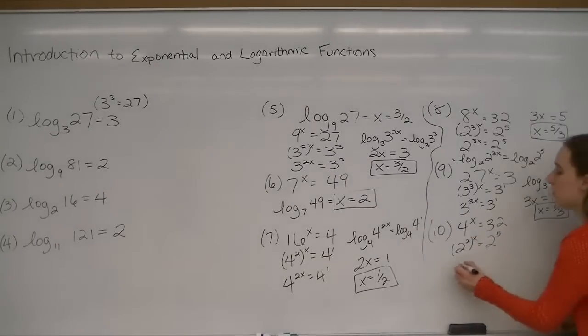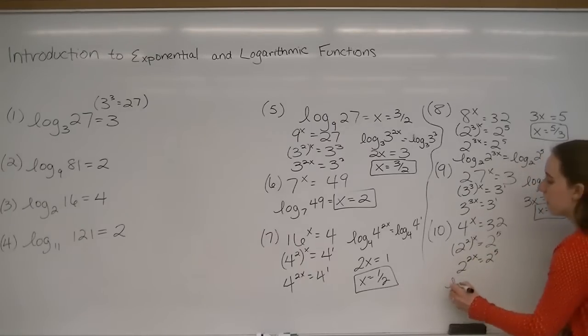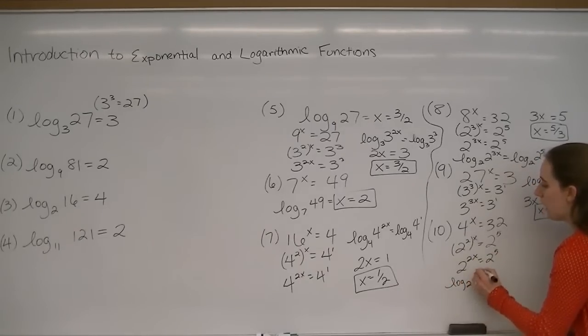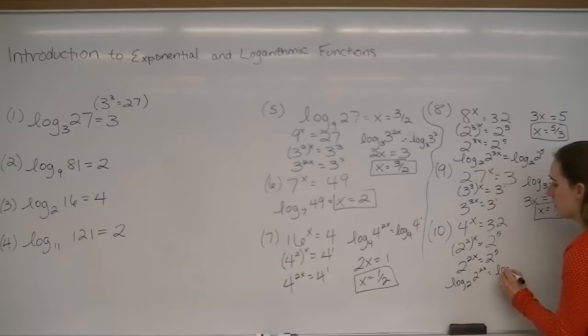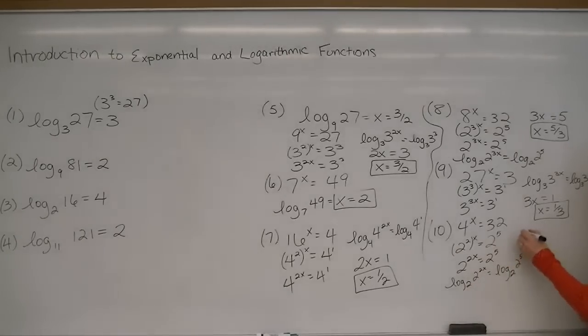So we get 2 to the 2x is equal to 2 to the 5th. I can take log base 2 of both sides. So this side, 2 raised to the 2x power will give me 2 to the 2x, and here 2 to the 5th power will give me 2 to the 5th. So I need 2x for this one, 5 for this one. X will be equal to 5 halves.